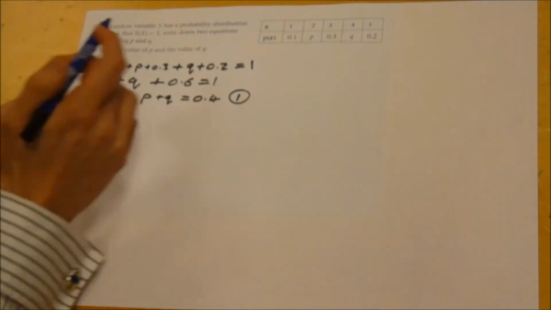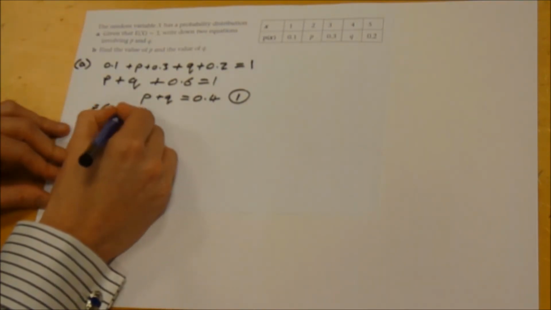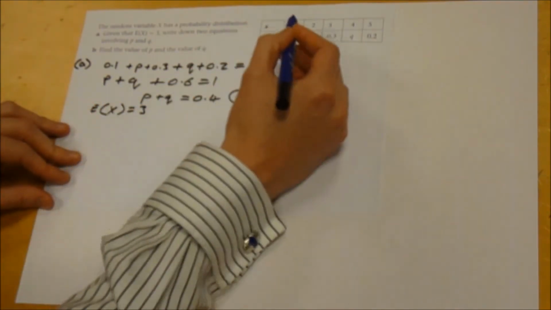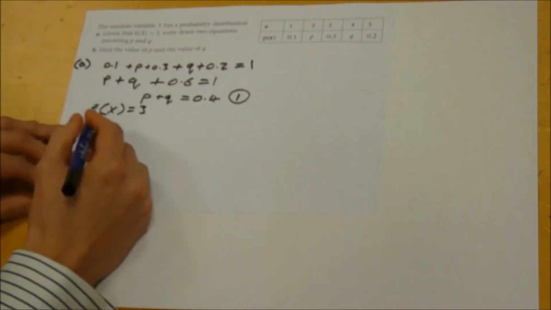Now for the new bit. Well, we know how to calculate the expected value of x now, so we can do that, and we know it should equal 3, and that will give us our second equation. So if I know that E of x is equal to 3, I know that the value times the probability all summed together will equal 3.